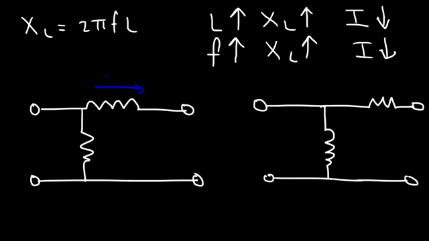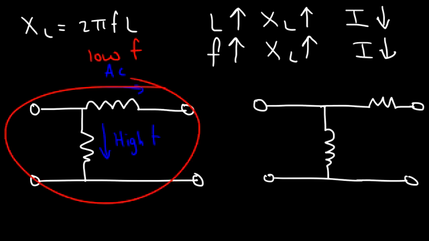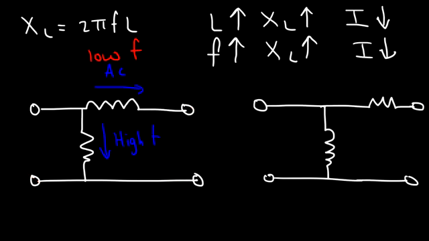So an AC signal with a low frequency can easily pass through the circuit. However, if you have an AC signal with a high frequency, the inductive reactance is going to be very high. And so an AC signal with a high frequency will prefer to flow this way. But a low frequency signal will easily pass through the inductor. And so this type of circuit could allow low frequency signals to pass through, but filter out high frequency signals.